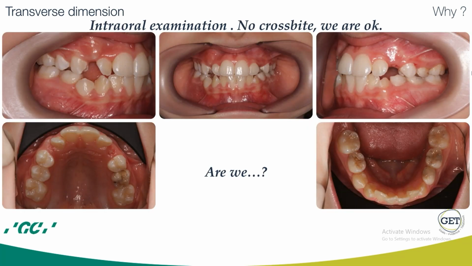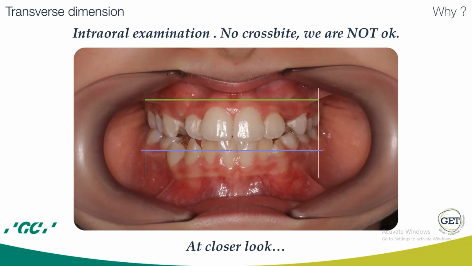And then the patient comes into the office and we look into the mouth and do the intraoral examination and we see that there is no crossbite and we say, okay, we are good, we are okay in transverse dimension. Are we really?